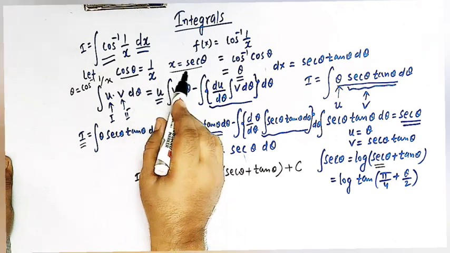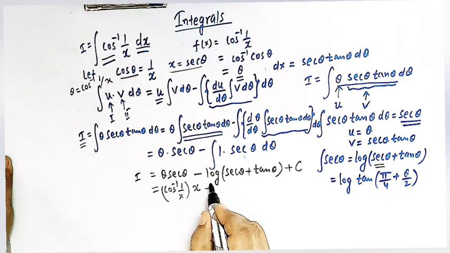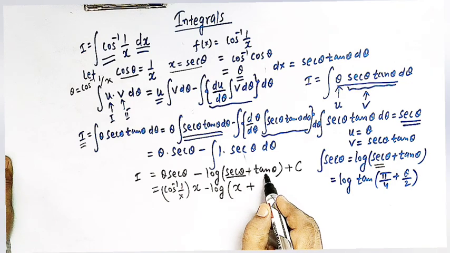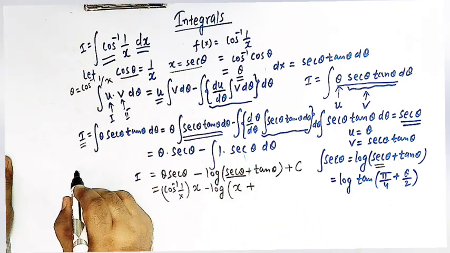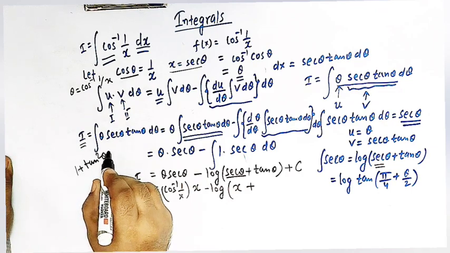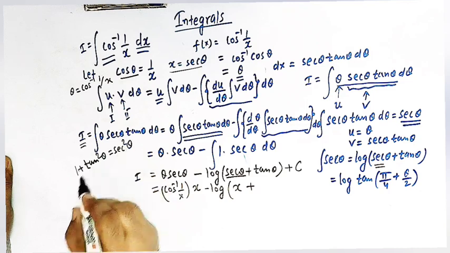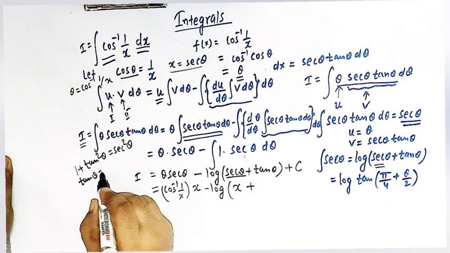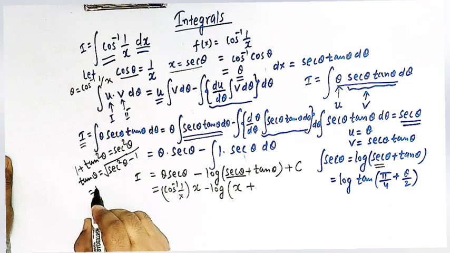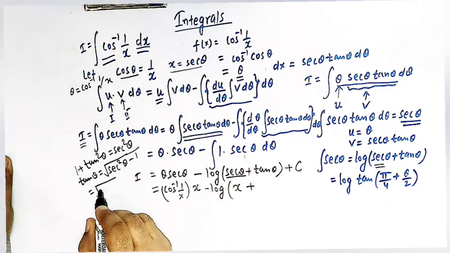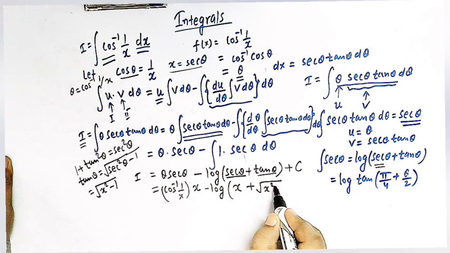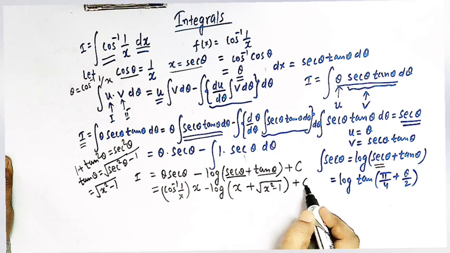For secant theta we have simply x, minus log, and for tan theta we can use this standard result from trigonometry, that is 1 plus tan square theta is equal to secant square theta. So tan theta is equal to square root of secant square theta minus 1. So if we take secant theta as x, we have x square minus 1. So for tan theta, we have square root of x square minus 1, plus c, right?